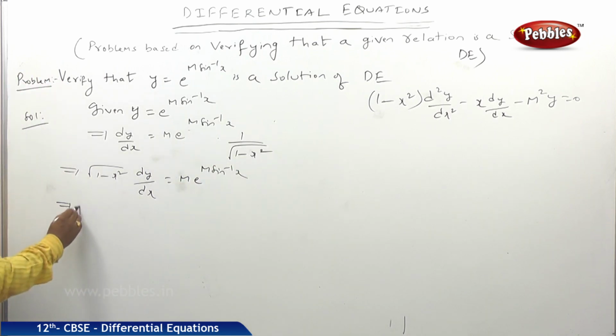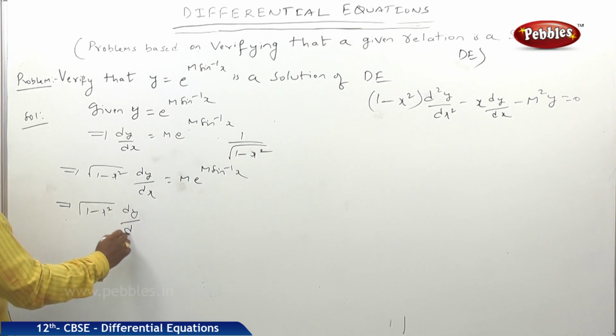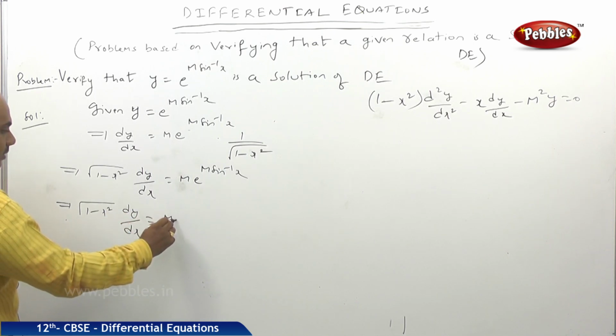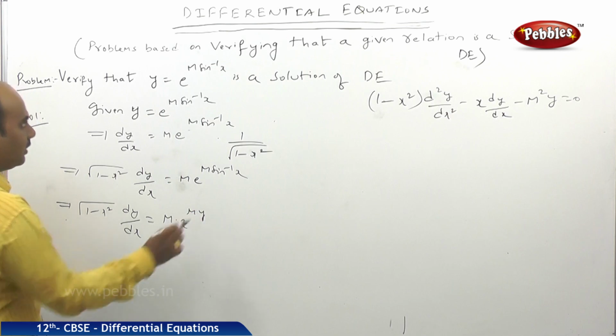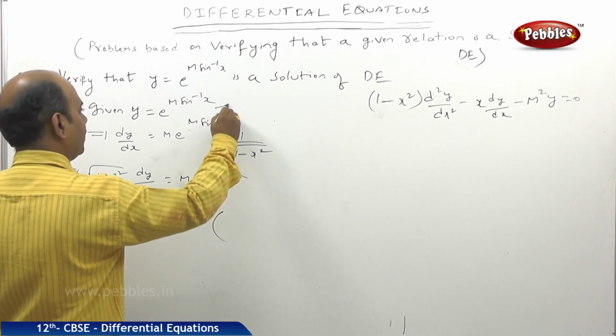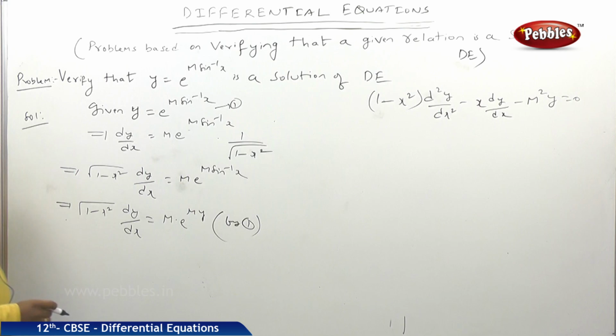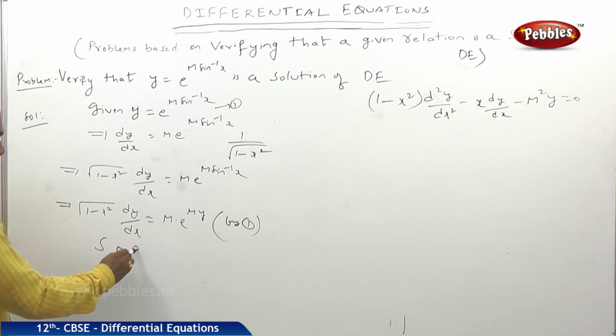So that implies under root of 1 minus x square dy by dx is equal to m into e power my. Now I think how I got this means, if I call this as 1, directly I can tell by 1. Now I will be squaring on both sides, which means I will write it as S over BS.